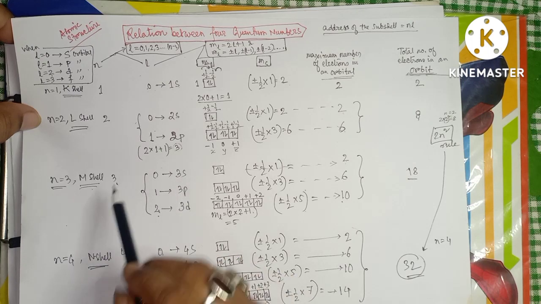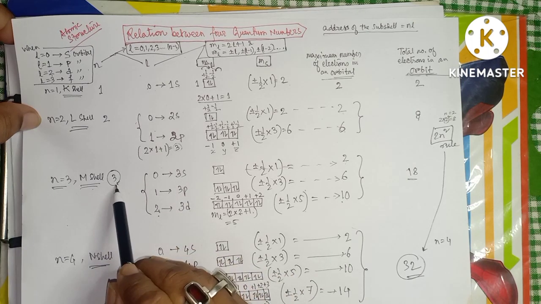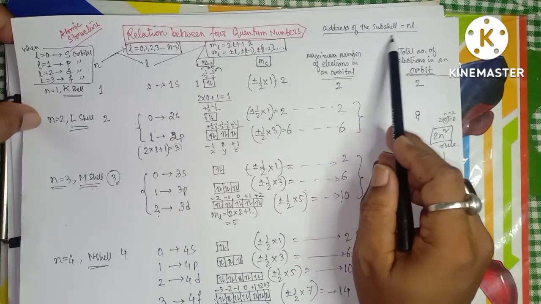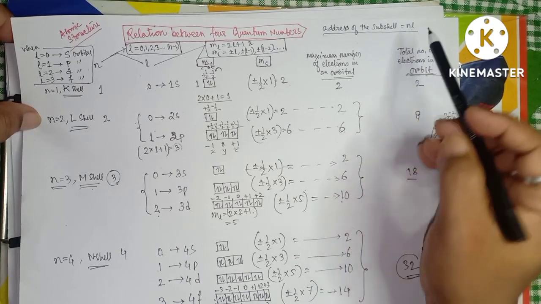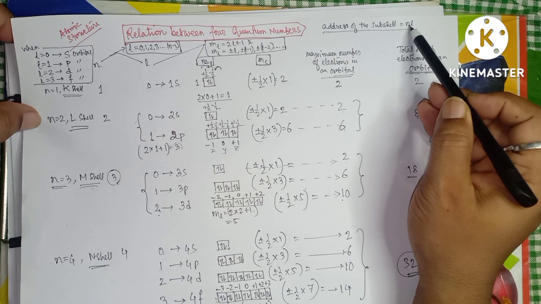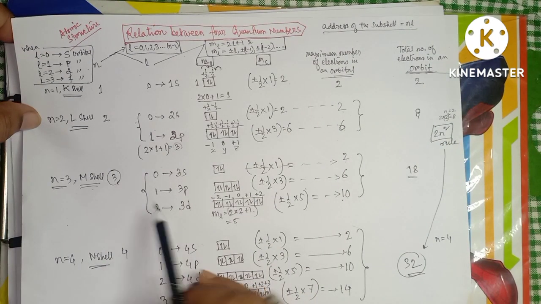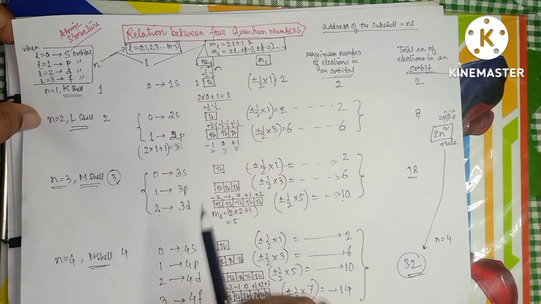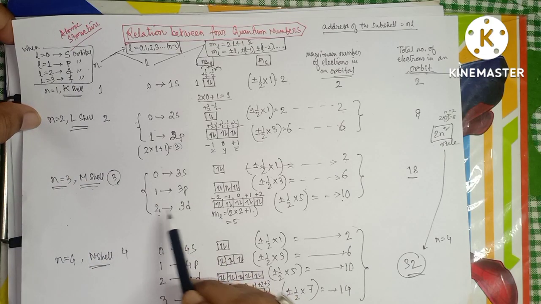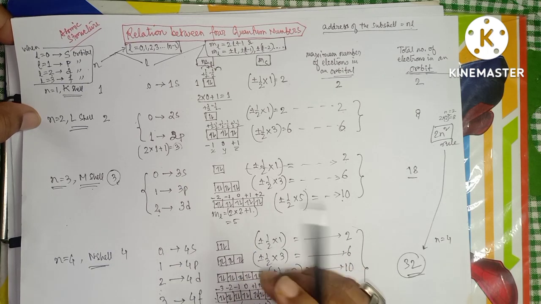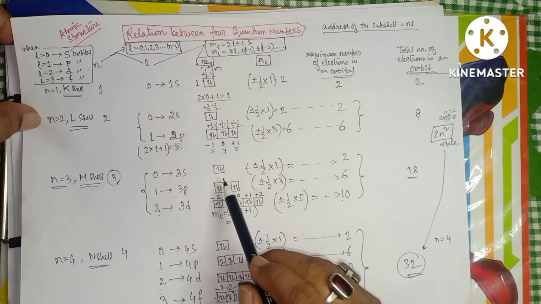Sir, why is it 3d? Because you get the value of n as 3, and the address of the subshell is nl, so you put 3 in place of n, and L value 2 represents d suborbital, so it is 3d. You get the point, right?